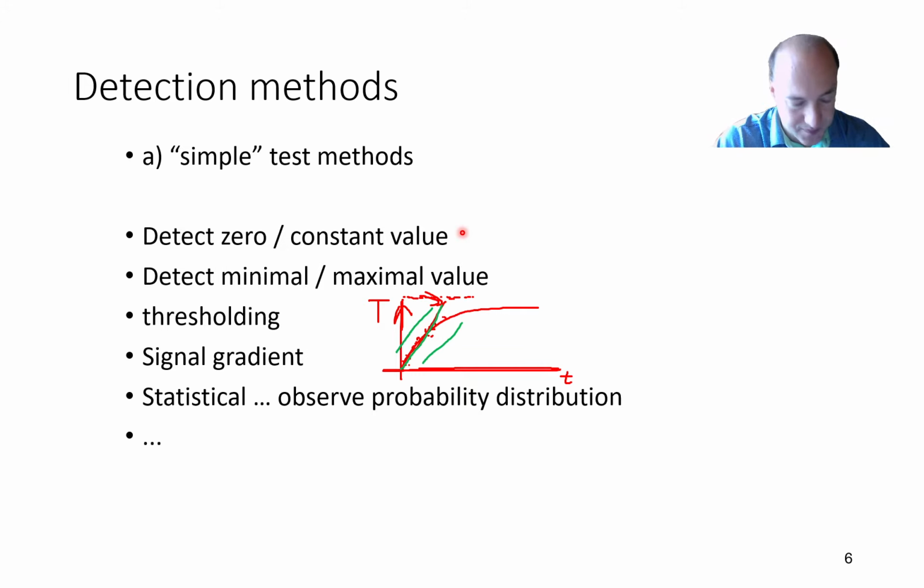So you turn it on, you wait for some time, and then you check what is your temperature reading. And if after some time the temperature is constant, it means that either it's not heating at all, so you have a problem with the heater, or you have a problem with the temperature sensor, because it may heat up, but the sensor is faulty and you will still get the original temperature, like 20 centigrades.